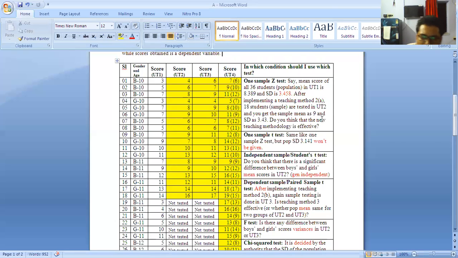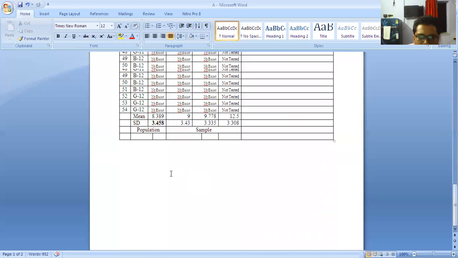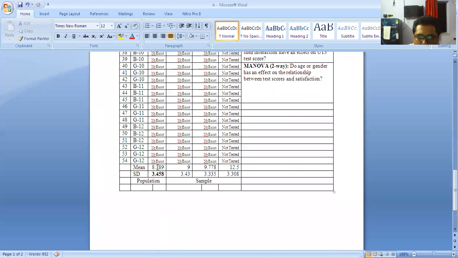Or alternatively, you can also say, do you think that the mean score has changed as compared to the past 8.389? Earlier, the mean score was 8.389. This is the population mean.